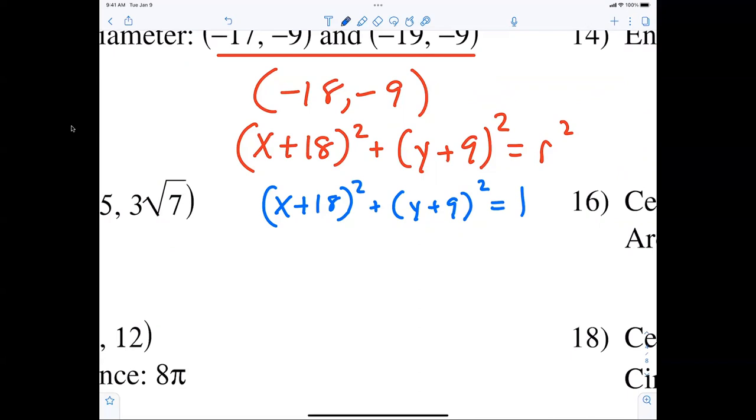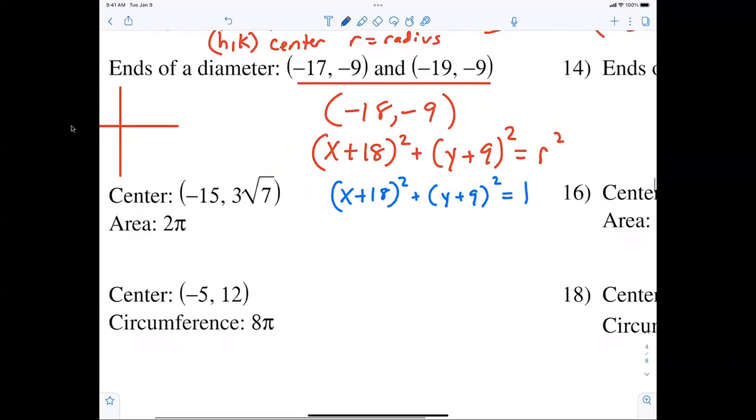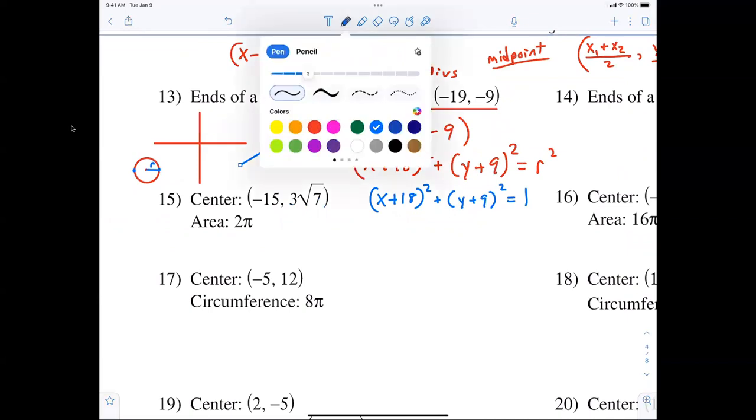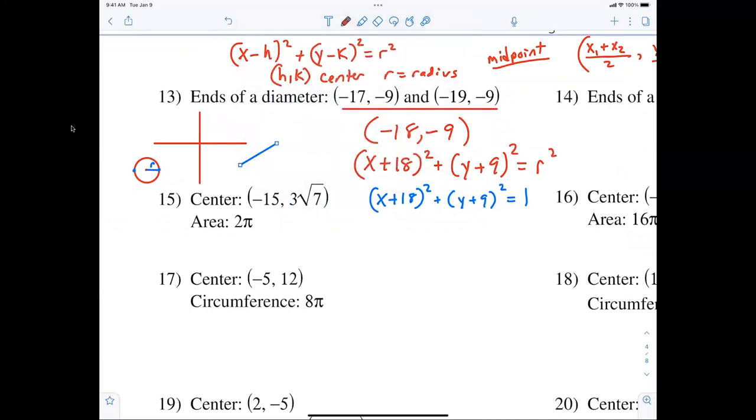Now, I would suggest that this one's easy because the diameter is horizontal. But what happens if it's not horizontal? Then finding the radius would be a little bit harder, so let me try to explain that. Does everybody agree this endpoint is on the graph?